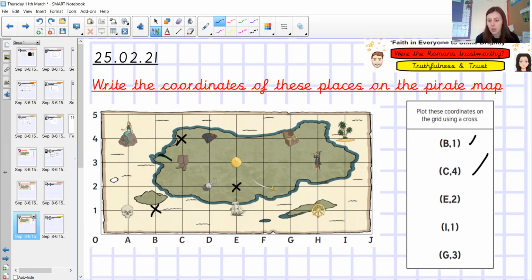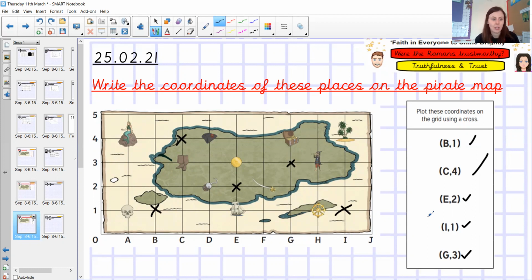Fantastic. And then the fourth one is at I1: along the corridor, there's I, up the stairs 1. Plot that point there. Fantastic. And then the final one is G3. So we're starting at G, going up the stairs and plotting that point there.